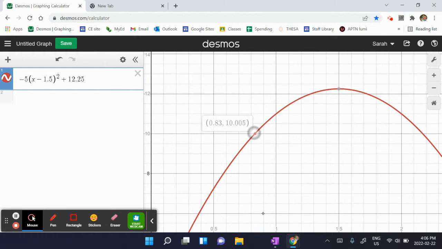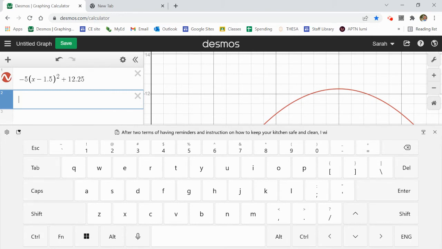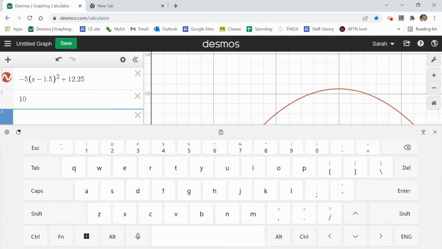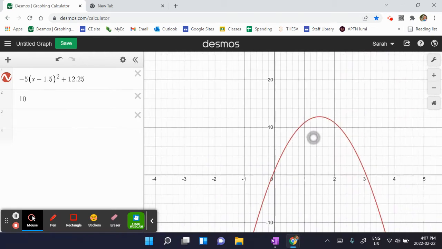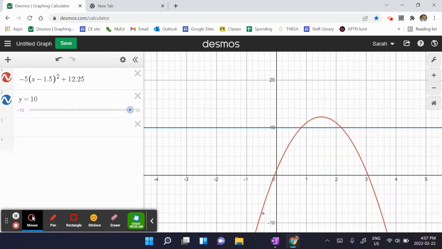I can make this y equals 10. When y is equal to 10, you're going to notice that it comes through here at 0.83 and also 2.17.